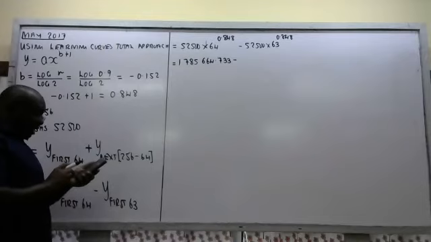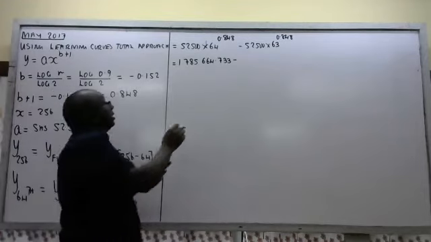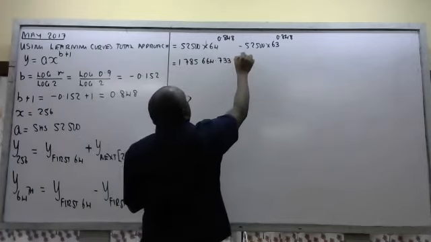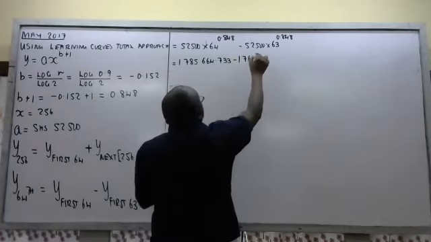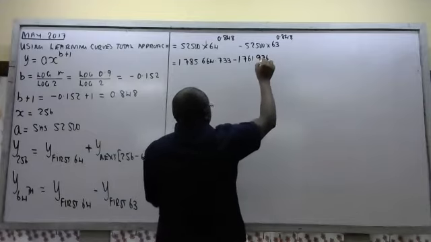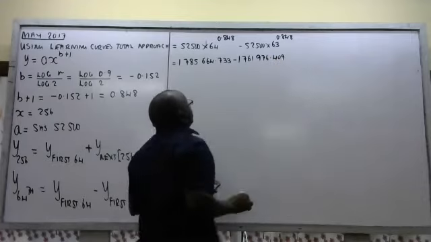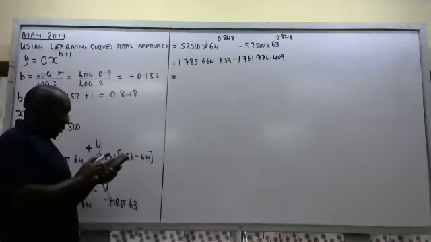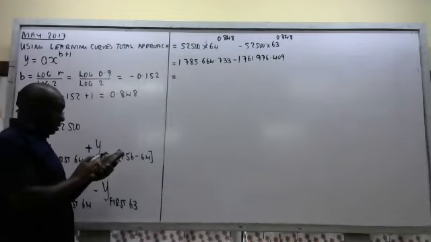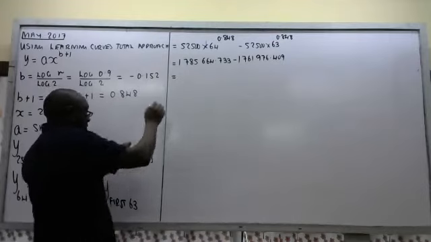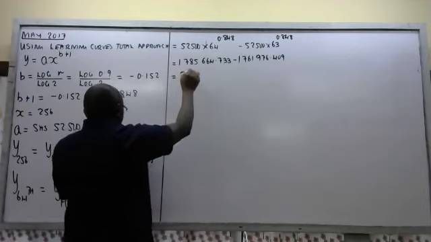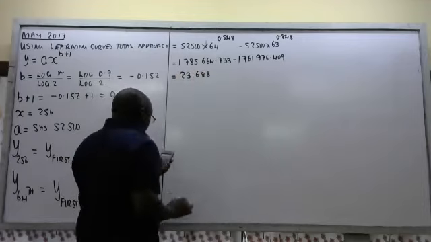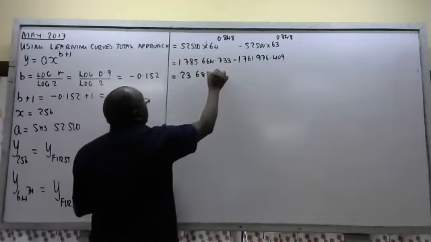Then if you say 63 raised to 0.848 multiplied by 52,500, you get 1,761,976.409. So the difference is 23,688.32.